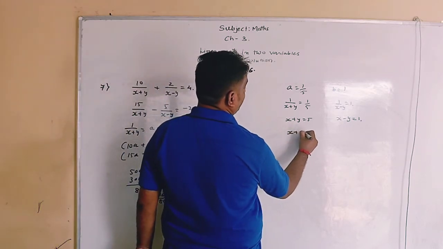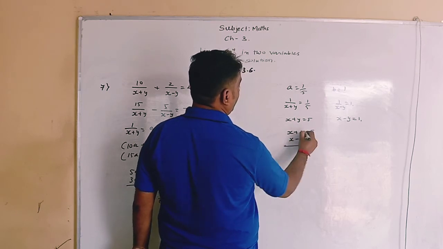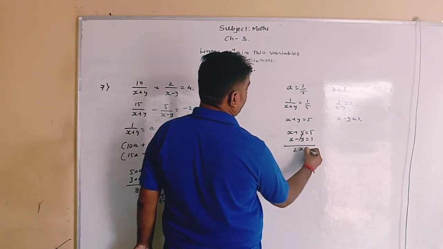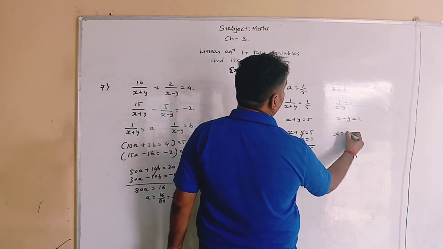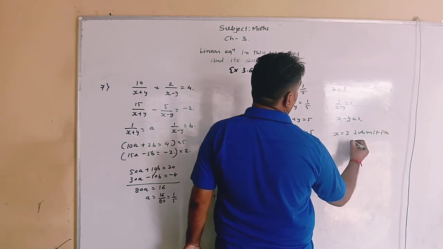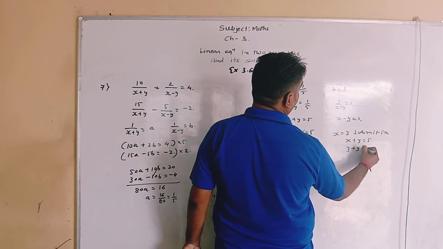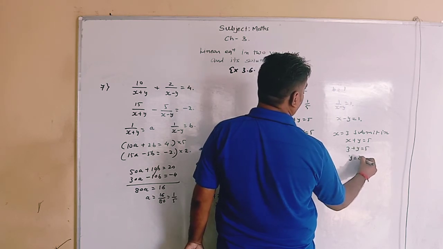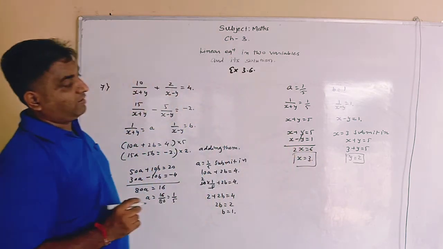Then x plus y equals 5, x minus y equals 1, and y cancels, 2x equals 6. So x equals 3. Substituting x equals 3 in x plus y equals 5, so 3 plus y equals 5 and y equals 2. And so we have x equals 3, y equals 2.